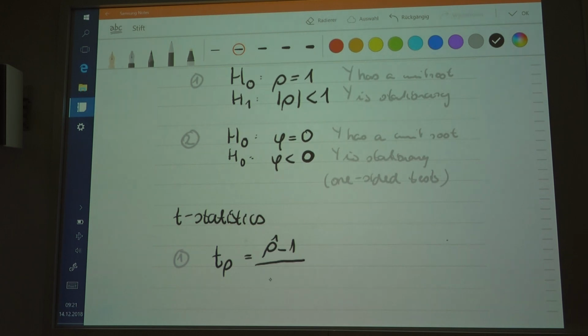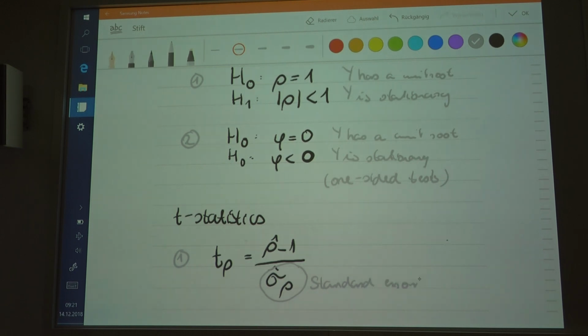I'm using the notation sigma hat for the standard error of the coefficient rho. I already told you how to do this.